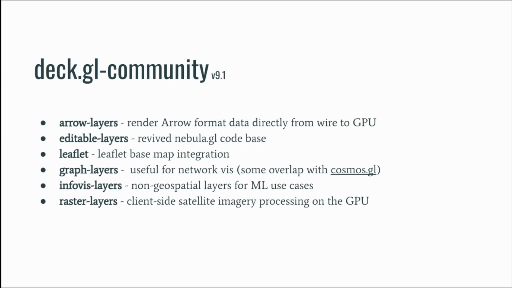We have a set of layers that natively support Arrow format. We added InfoVis layers that mostly work in the non-geospatial space. Also graph layers that render network visualizations, raster layers that work with satellite imagery. And we have the editable layers that were ported from the old Nebula.gl code base that supports editable GeoJSON.